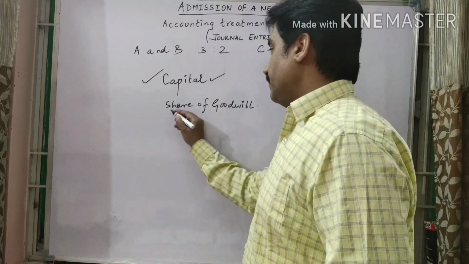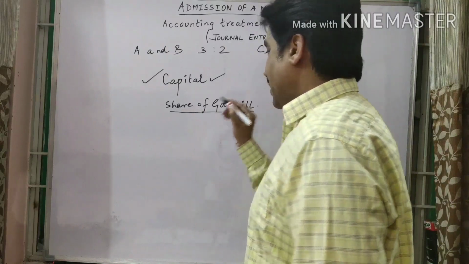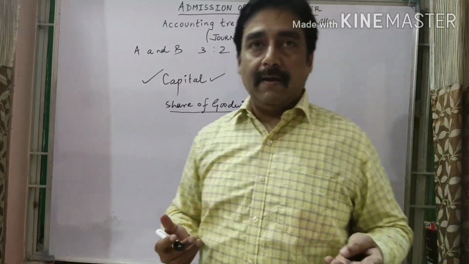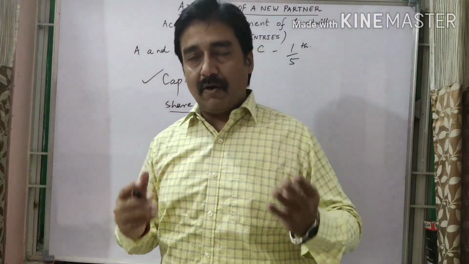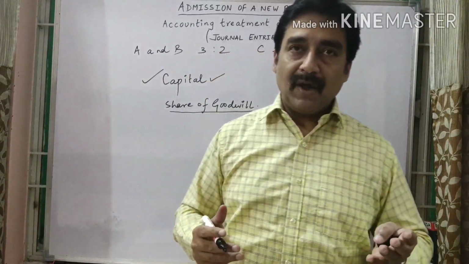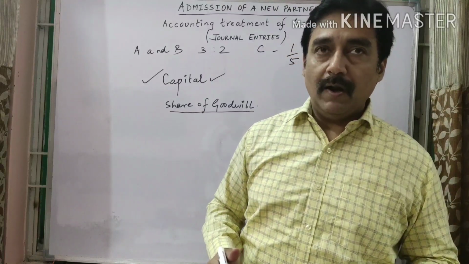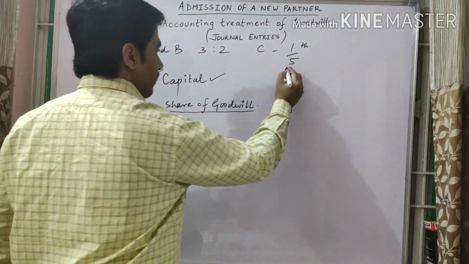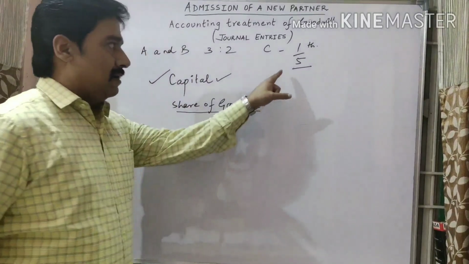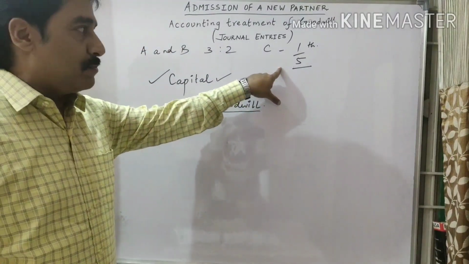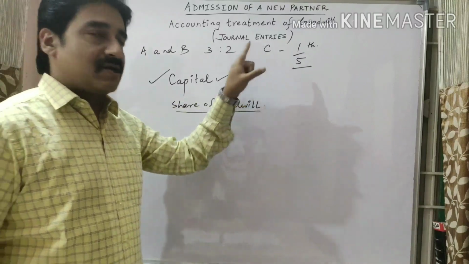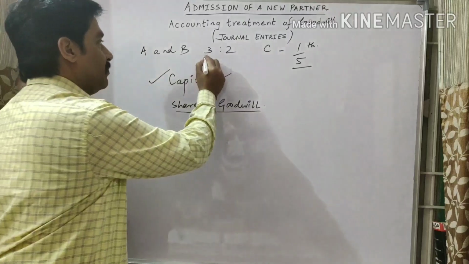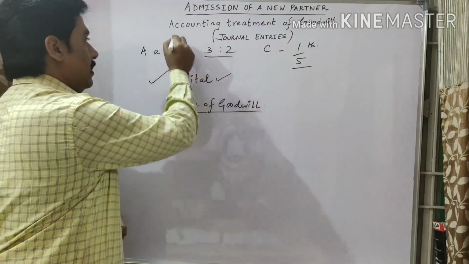But what is this share of goodwill? He has to bring an amount for his share of goodwill. Why? When a new partner is admitted, we have already studied that a share of profit is promised to him, and he gets this share of profit from the old partners, right?